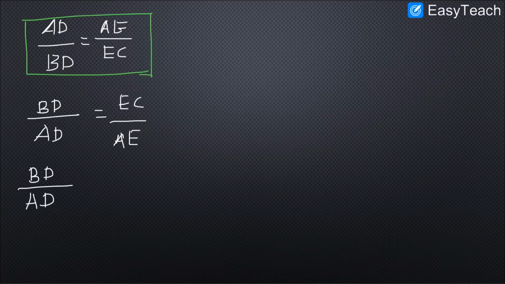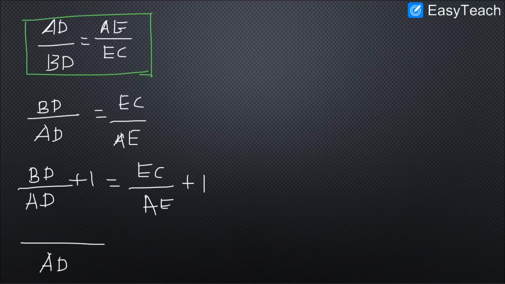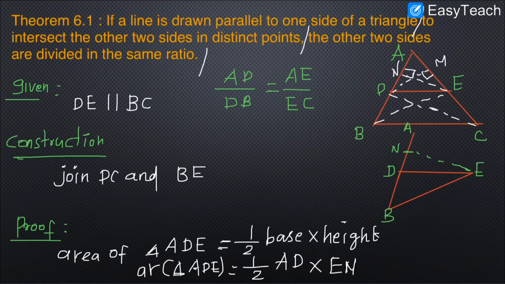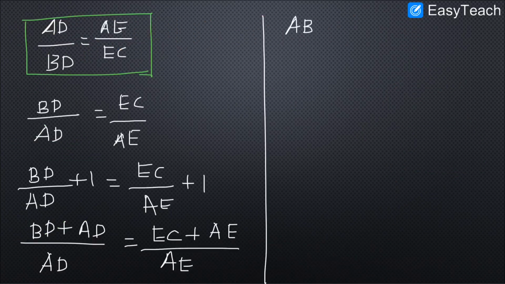If you add 1 on both sides, AD is the common denominator, take LCM. So BD plus AD equals EC plus AE, where AE is the common denominator. If you look at the picture, BD plus AD equals AB, okay?